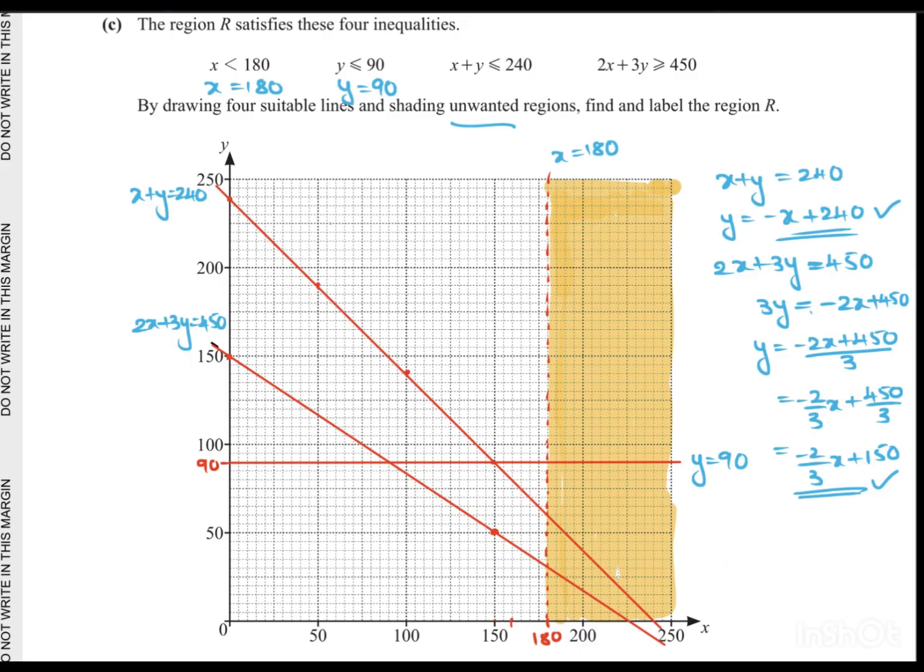Then y less than or equal to 90 will be below, so you have to shade the upper part. Please ignore this part which is coming outside.